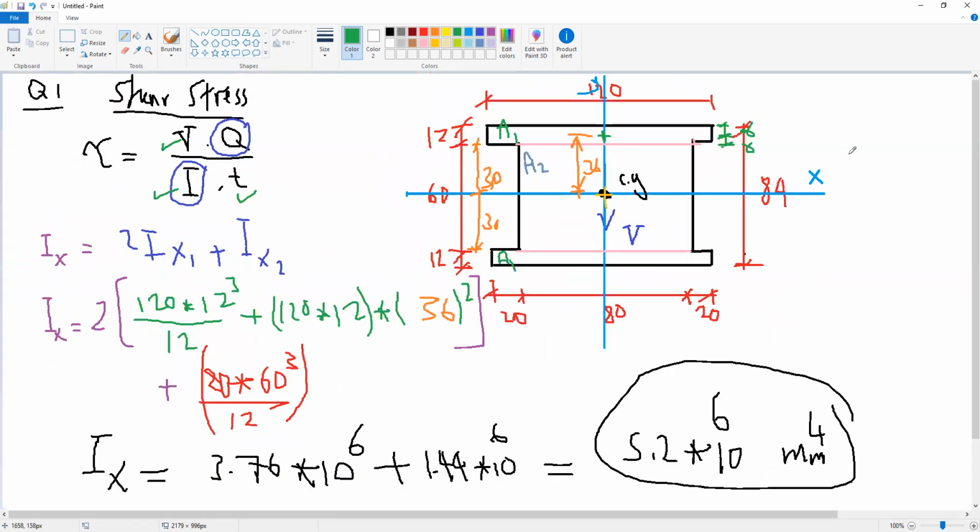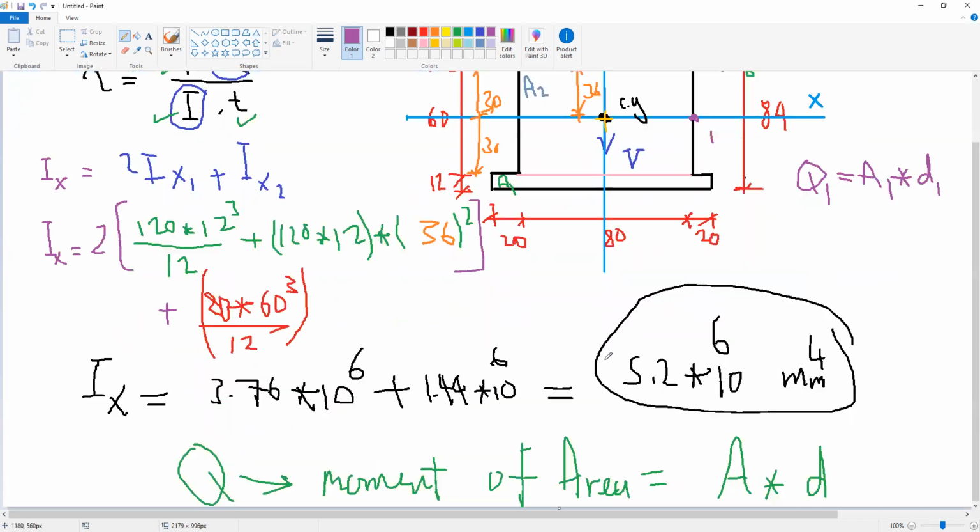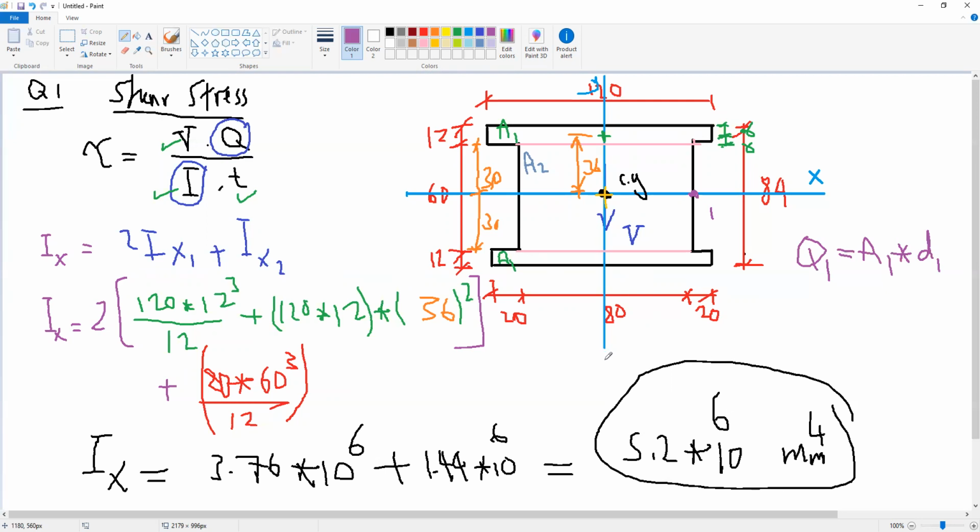As an example, if I want to calculate Q at the section at axis XX, or at this point 1, then Q at point 1, let's say Q1 here, will be the area above point 1 times d1. So this is the definition of Q, and we will use this while we are doing the example.